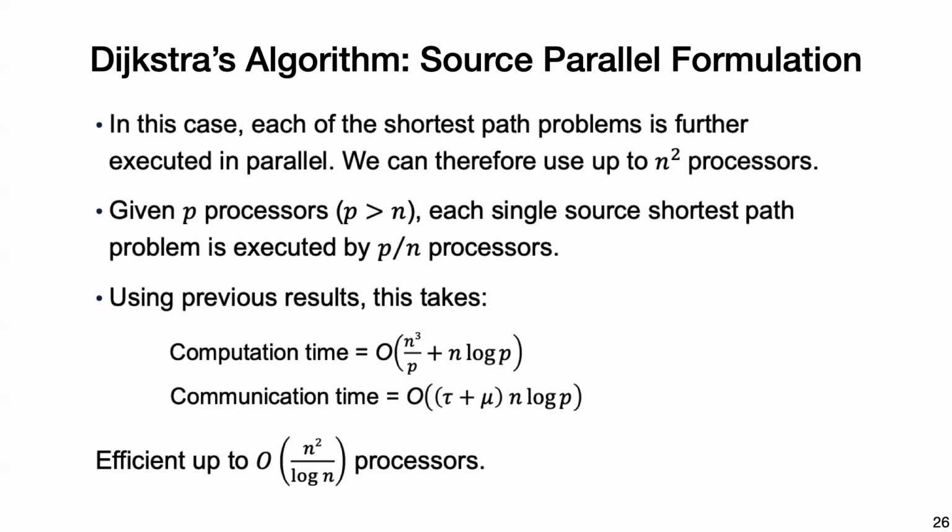And then each group of p over n would run its copy of Dijkstra's algorithm in parallel using the parallel algorithm that we talked about earlier. And so if you plug p over n in for p in the previous analysis, then we would get these things out. And that's efficient up to n squared over log n.